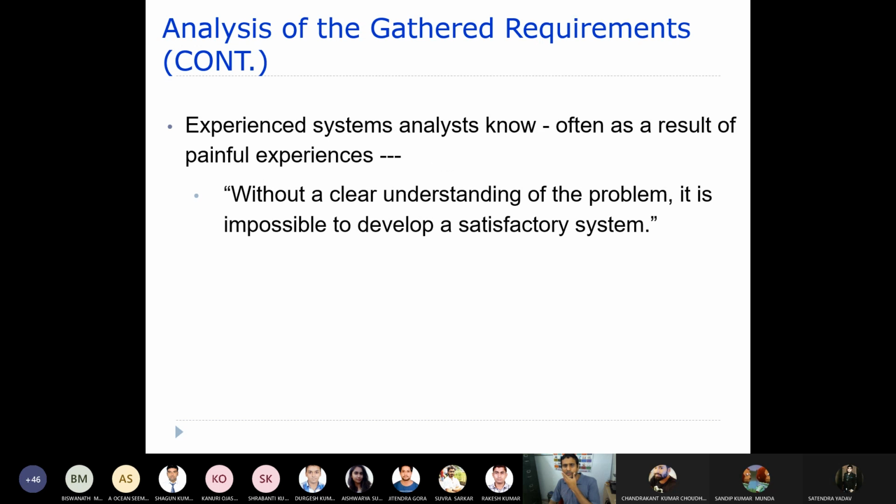An experienced system analyst knows, often as a result of painful experiences, that without a clear understanding of the problem, it is impossible to develop a satisfactory system. That means you need to understand the problem first. If it is not known, then probably we are not going to successfully develop a software which is useful and usable, and which will be used by the customer.